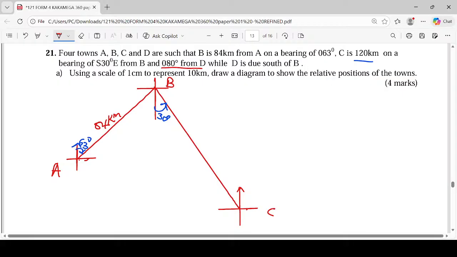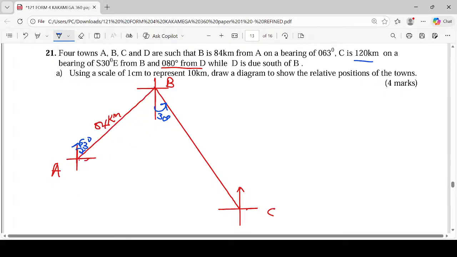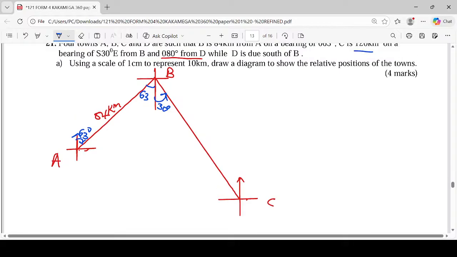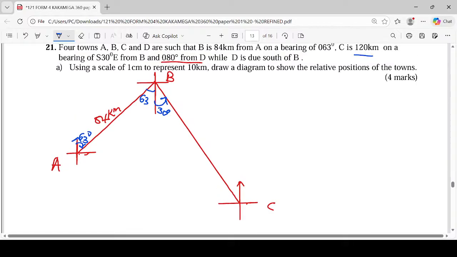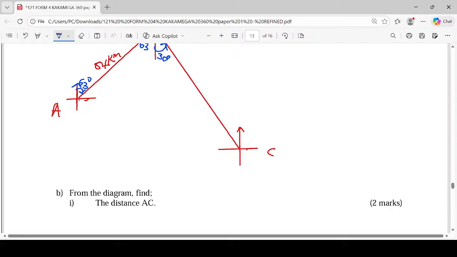For example, if B is 63 degrees from A, if this angle is 63, this one also here is 63 because they are alternating angles. Now I want us to use that property to analyze this. When they say it is 80 degrees from D, it means even D can be located this way.